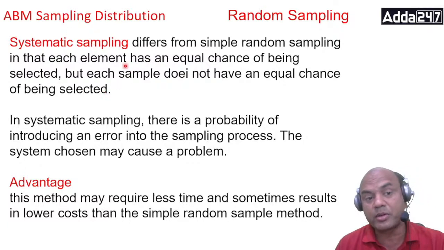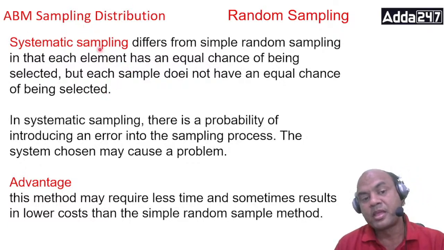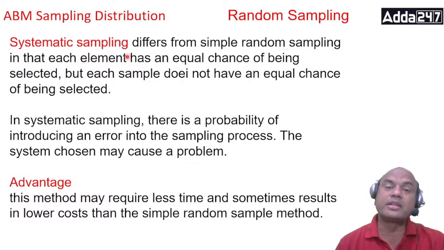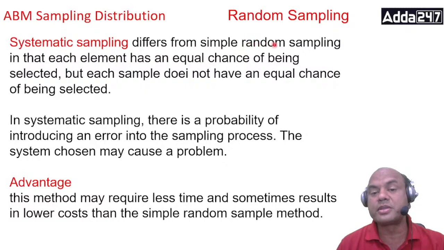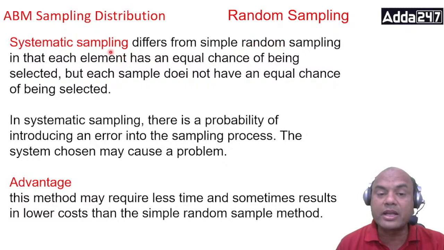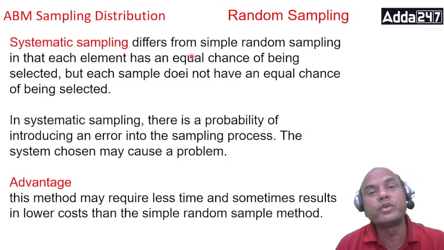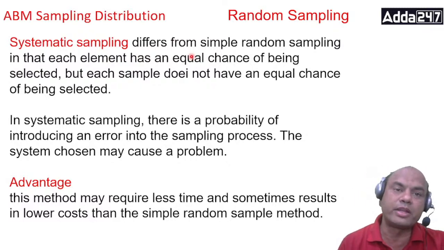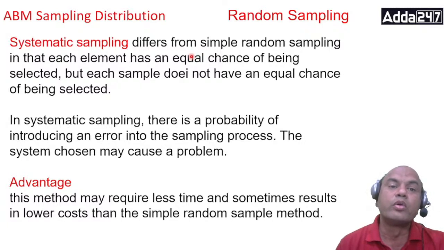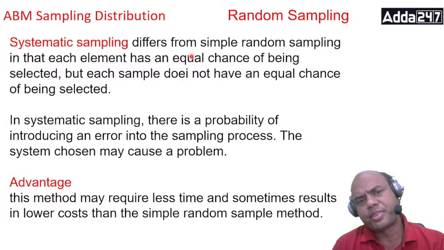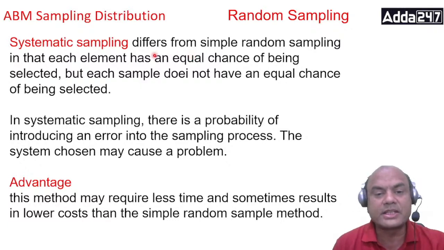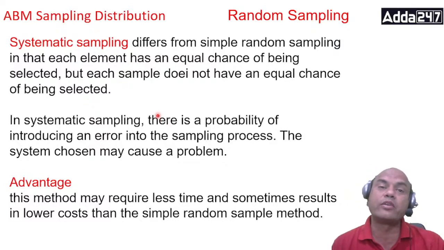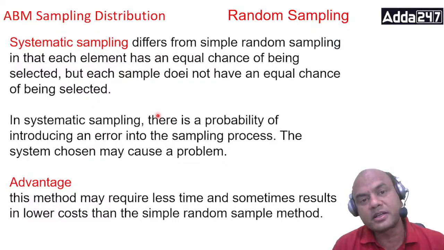Now, this is a problem with systematic sampling. And this question comes in the exam as a complete the following for 1 mark. Systematic sampling differs from simple random sampling in that each element has an equal chance, because I don't know who will be standing 5th whenever I tell them to stand in a row. So each element has an equal chance, but each sample does not, because the one who will be standing 4th will not get selected.